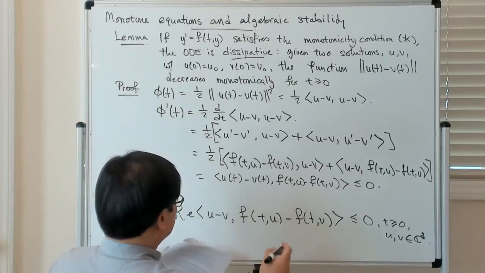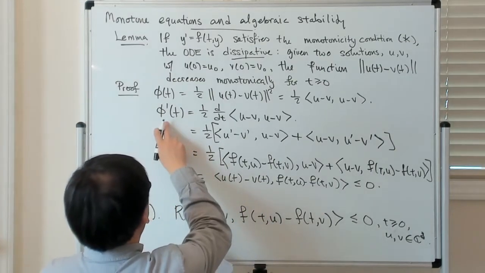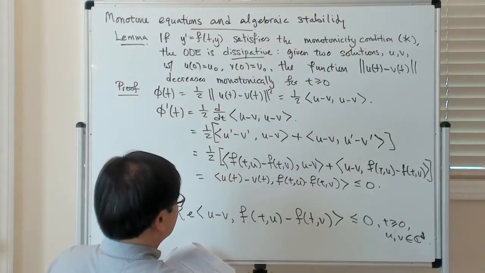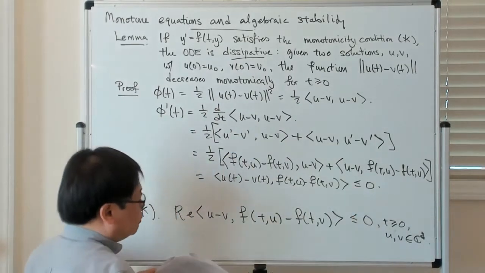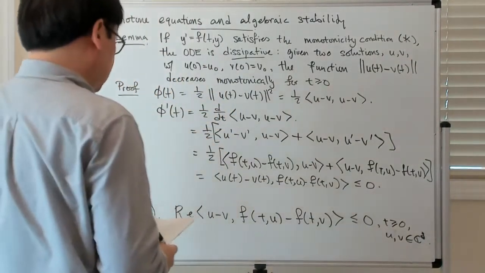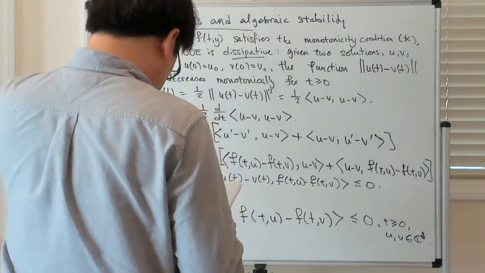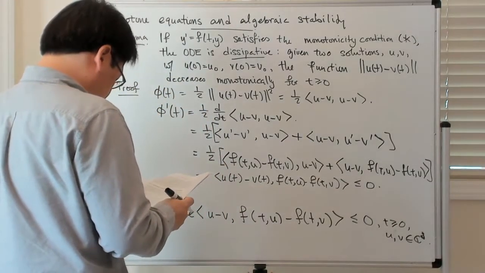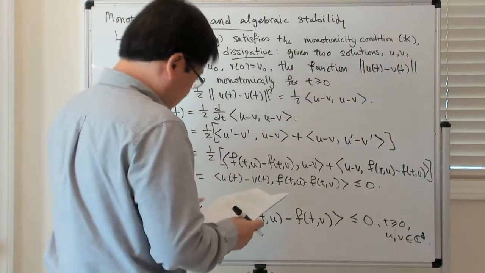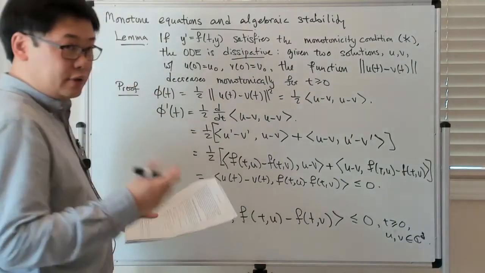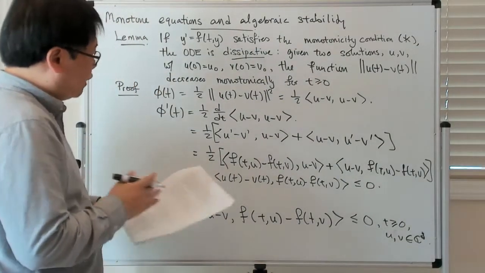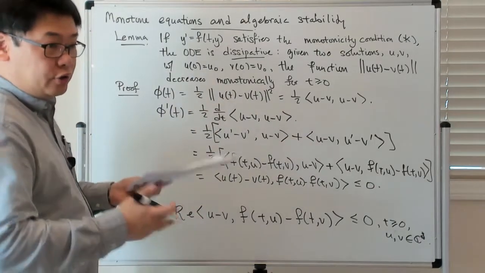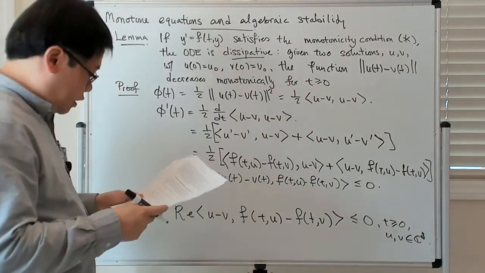Okay, so that proves the lemma that the rate of change of this distance is not increasing, if you will. One way to think about this lemma is that if you have two different solution trajectories, they don't necessarily approach each other, but they never grow further apart from each other.